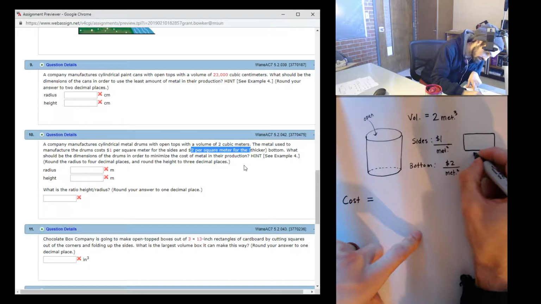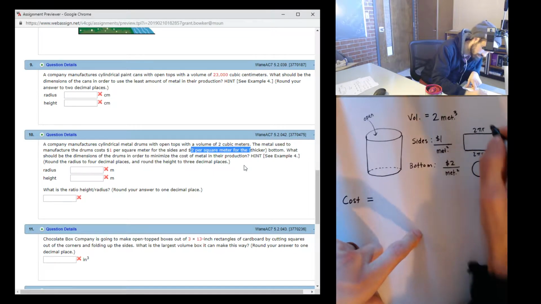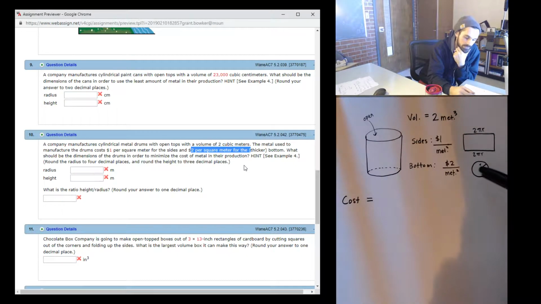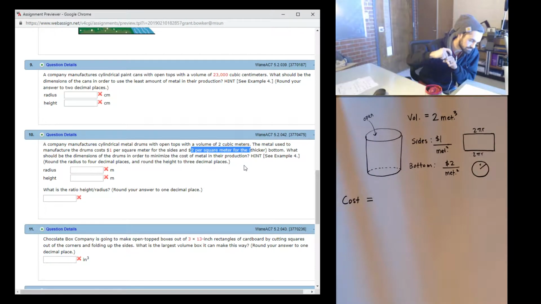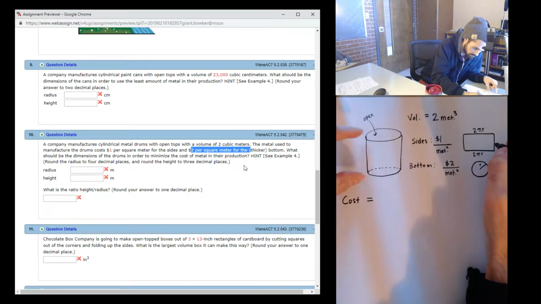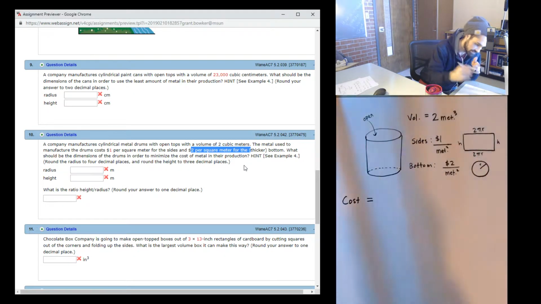So this is going to be 2 pi r. Pi times d gives you the circumference, d for diameter, which is 2r. And we don't know how tall this paint can is going to be, so let's just call it h.